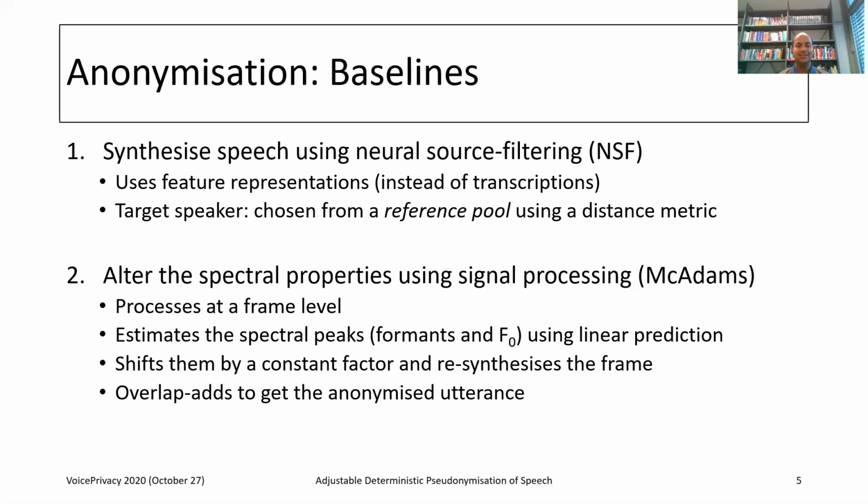What this method does is it shifts them by a constant factor and resynthesizes each frame. So we get such frames and we overlap-add to get the anonymized utterance. This method is called the McAdams method, and the previous method, which uses the source filtering approach, we've abbreviated as NSF. So we'll be using them later in the results.